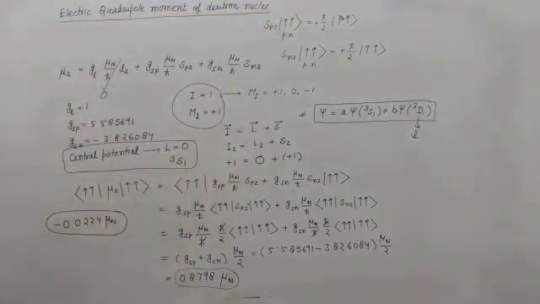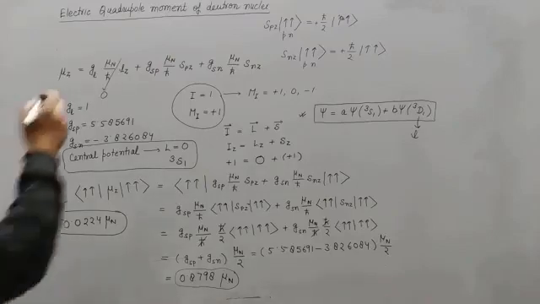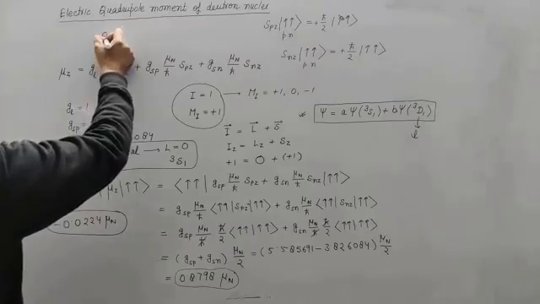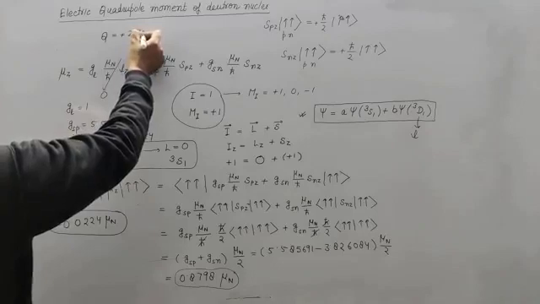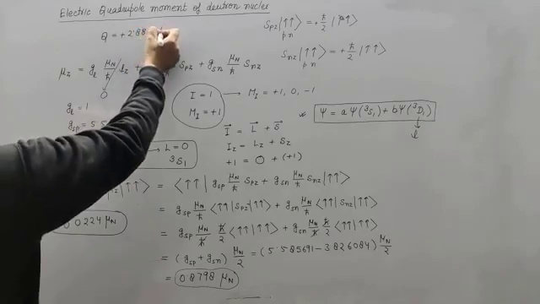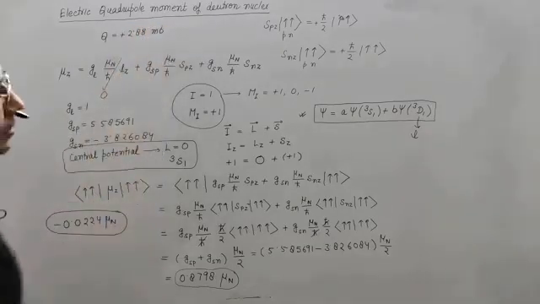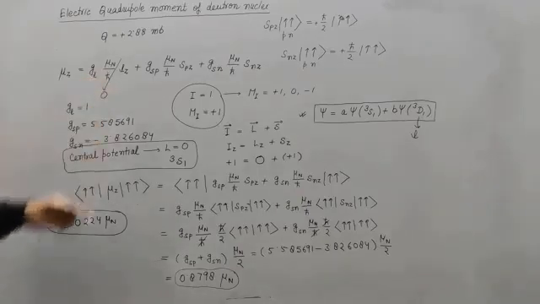The experimentally measured value of the electric quadrupole moment of this deuteron nuclei is 2.88 millibarn. This Q value is plus 2.88 millibarn. So this is a small number. The quadrupole moment is small, but still this nuclei has this quadrupole moment.